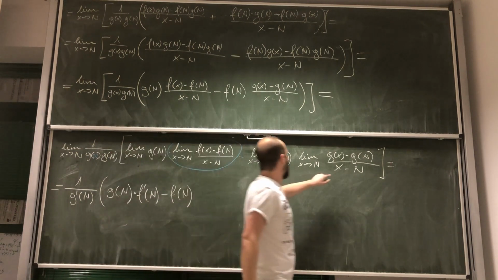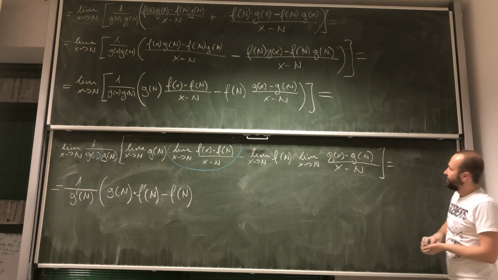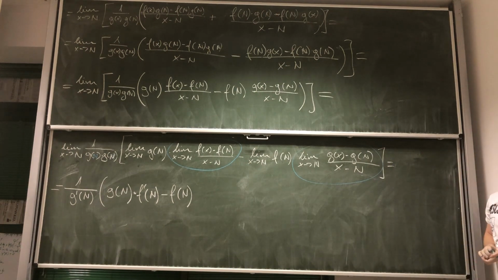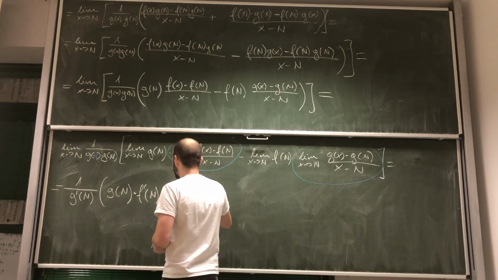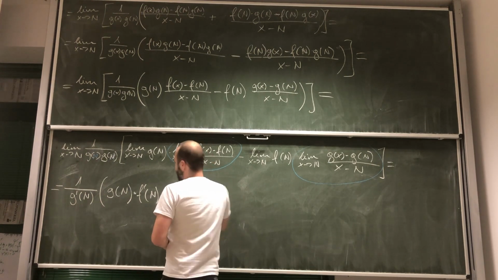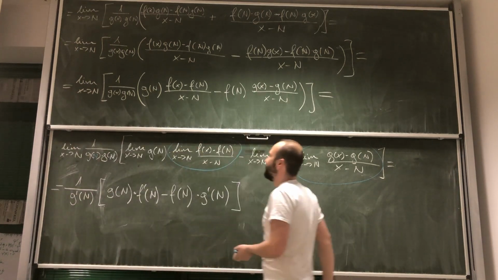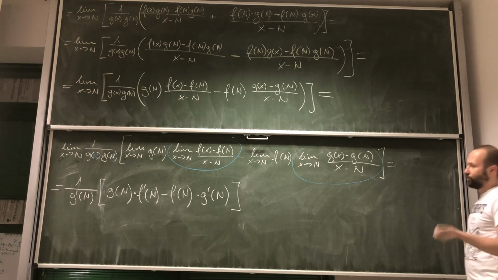And over here, we've got, by definition, the derivative of the g function at n. So this is g prime of n. And at this very moment, we have proved the quotient rule.